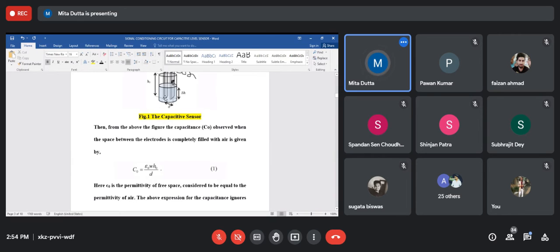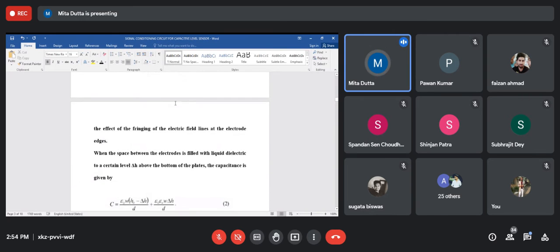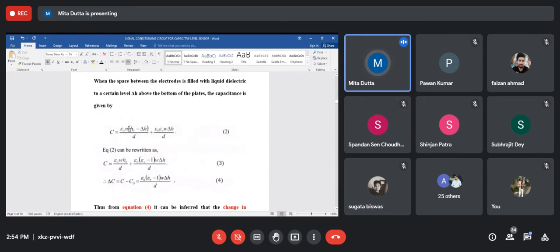And our purpose is to show that C is proportional to delta H. So it is epsilon 0 W H0 by D. Now we are going to fill the tank with a conducting fluid. Then the value of the capacitance is given by C, which equals this plus this. Do you agree? Yes, ma'am.